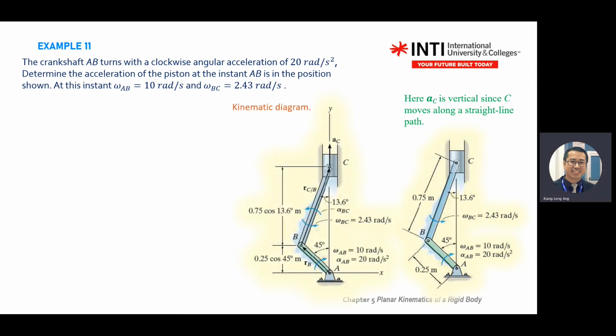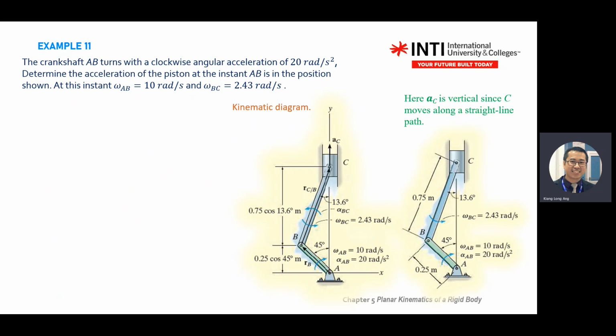Okay, so you draw the kinematic diagram. It's quite direct. So how do you do a kinematic diagram? You look at the motion of the object. Kinematic means you deal with velocity and acceleration. For this C, we know that it is constrained to one direction. It either moves up or moves down.